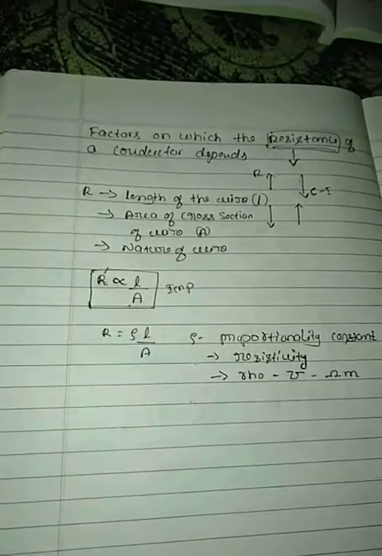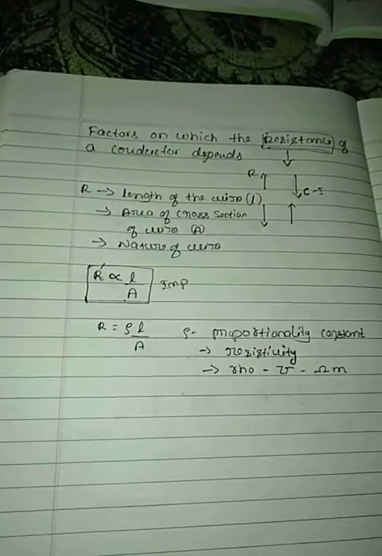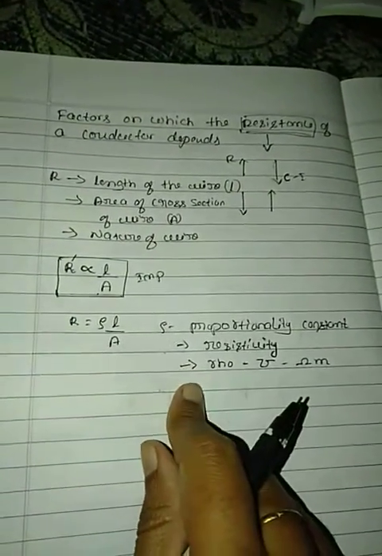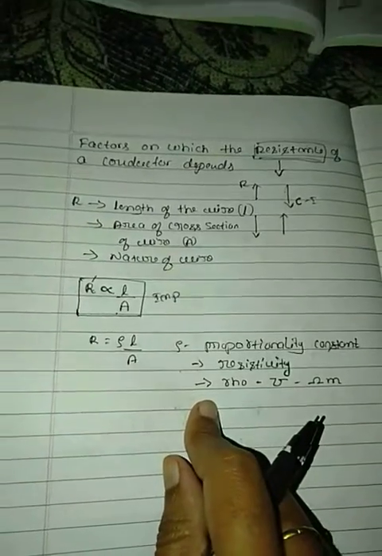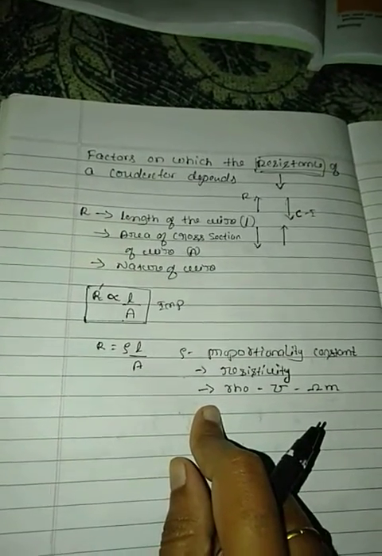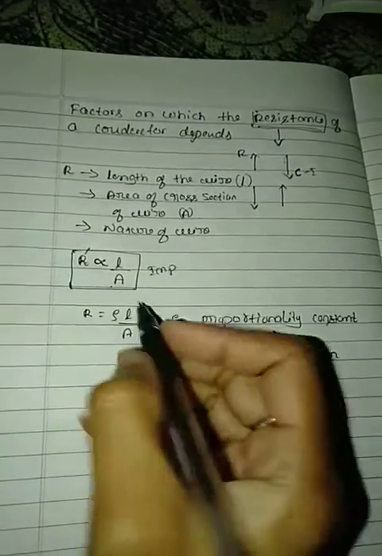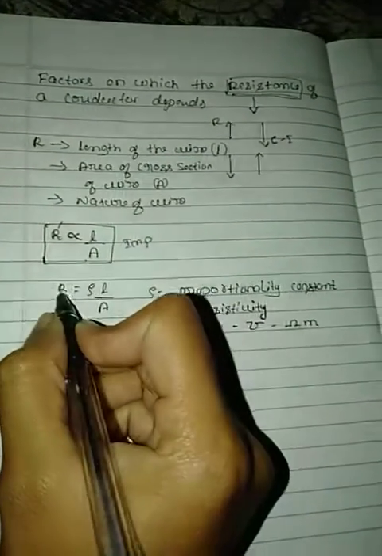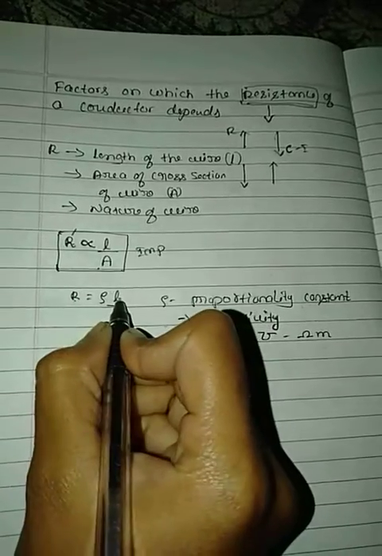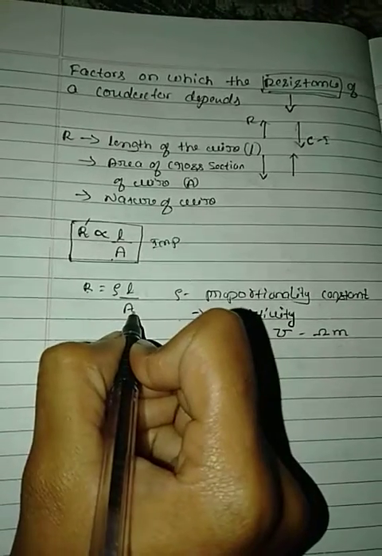So this is the resistivity. It is a characteristic property of the material. You should remember that. So rho is the resistivity, R is resistance, L is length of the wire, A is area of cross section.